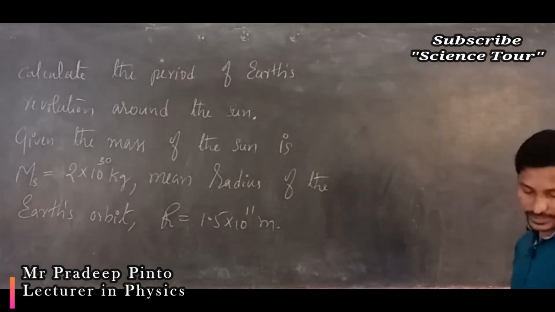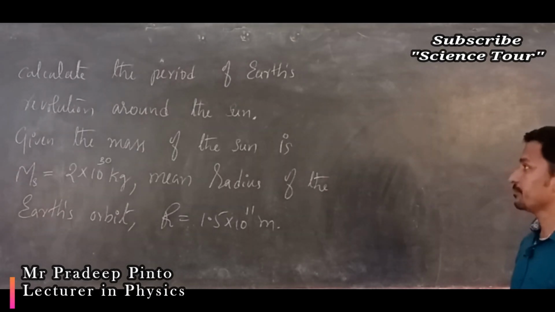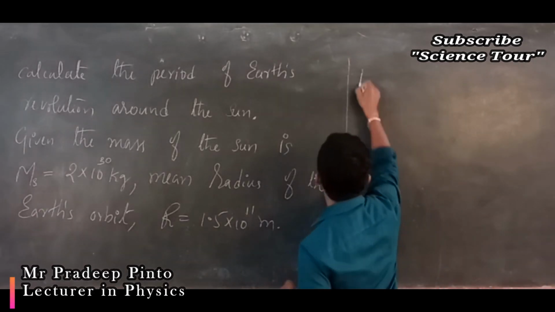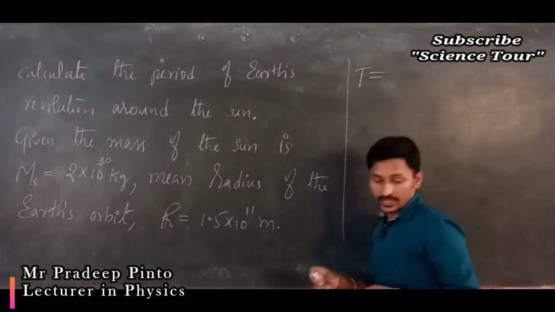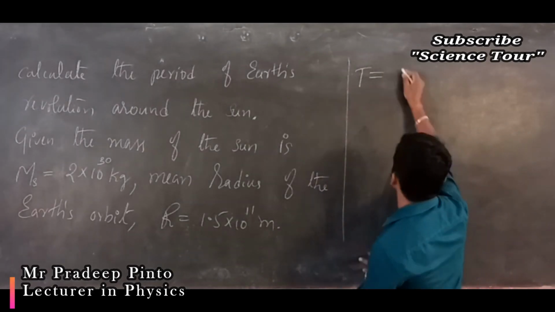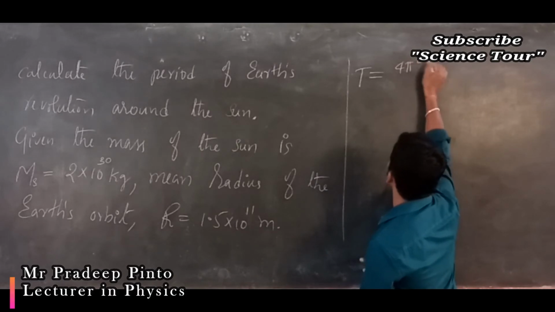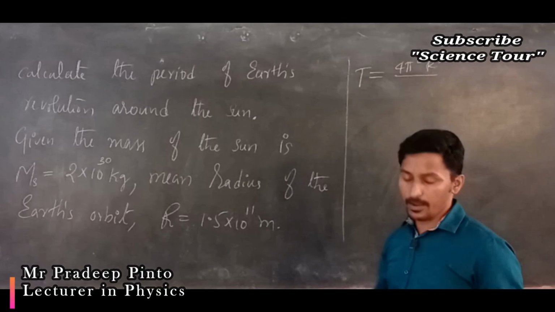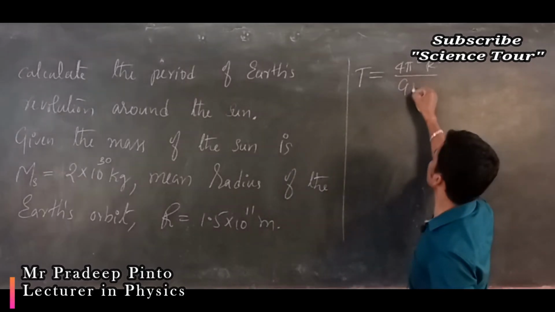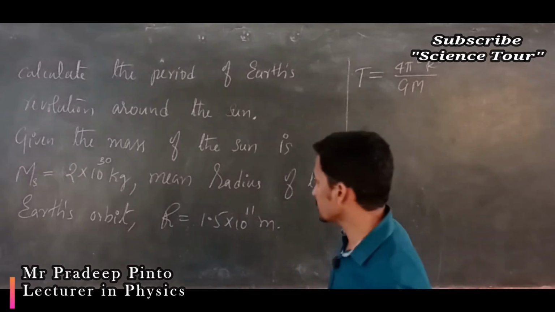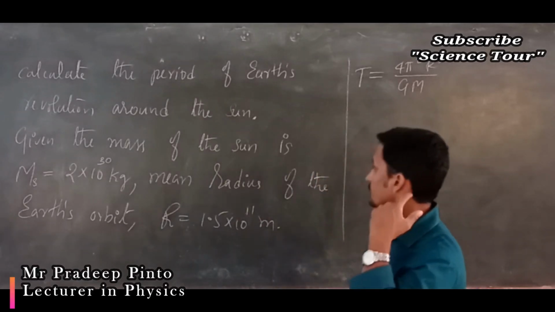Now what do you have to find out? You have to find out the time period. So what is the expression for time period? T² is directly proportional to 4π²r³ divided by GM. Now M is the mass of the sun they have given.